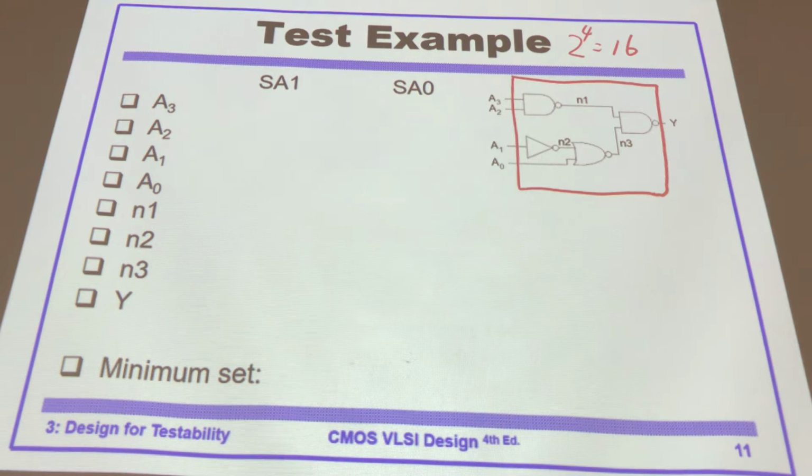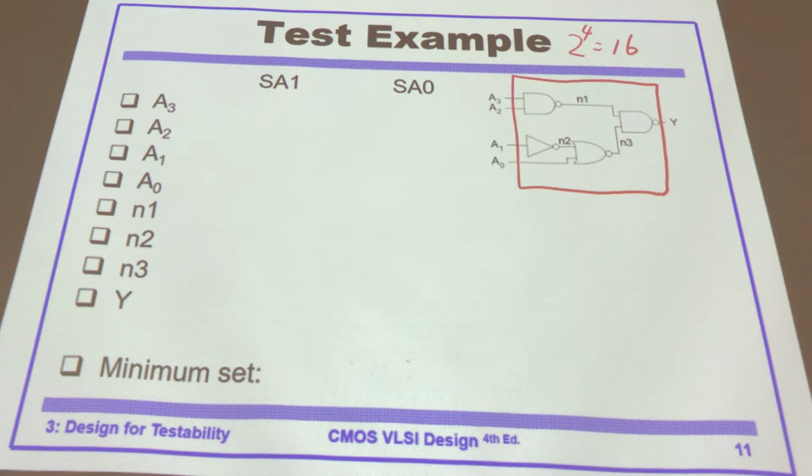Then that comes up the fault model. We assume that if the chip failed, there must be some signal point stuck at either 0 or 1.